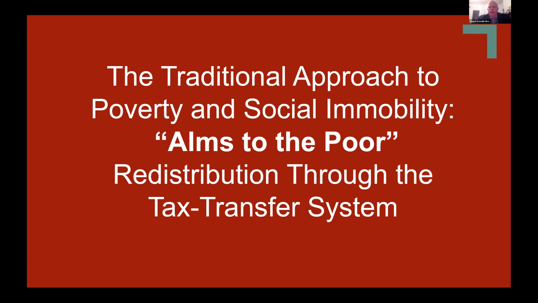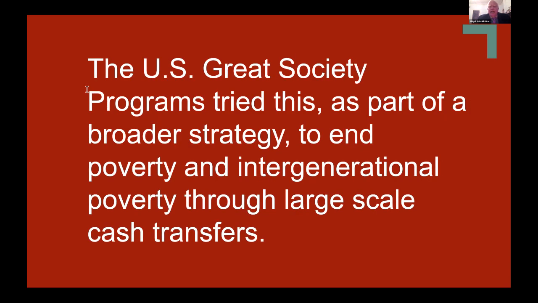People who were poor, couldn't pay their debts, were sent to poorhouses to work, and they were supported by the state. The US Great Society in the 1960s didn't have a poorhouse, but it did have a transfer of giving money to the poor. And the idea was we could reduce inequality and we could end poverty through large-scale cash transfers.